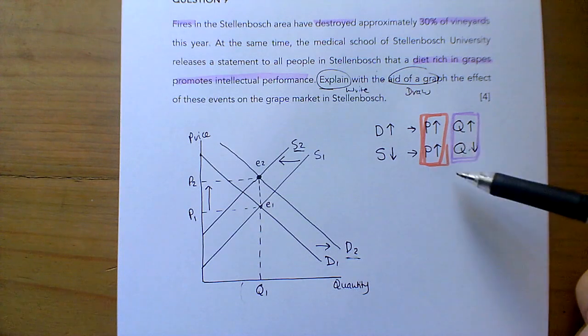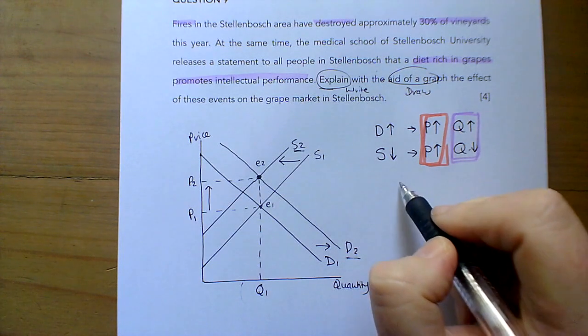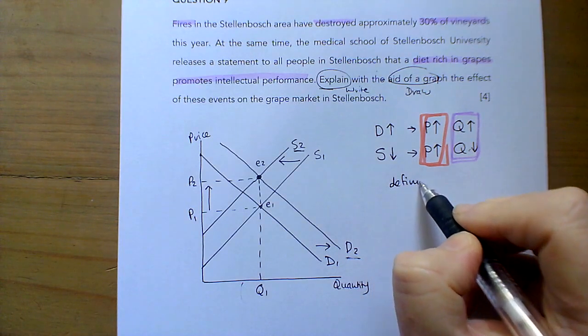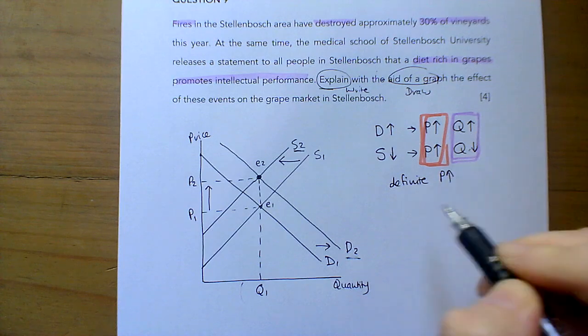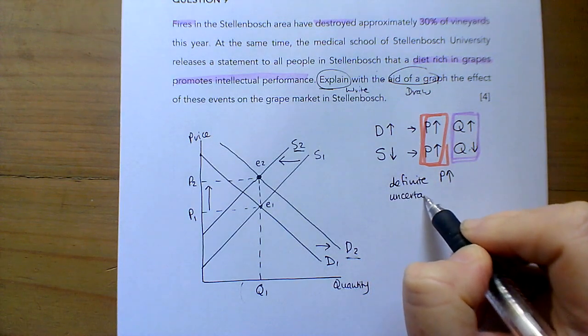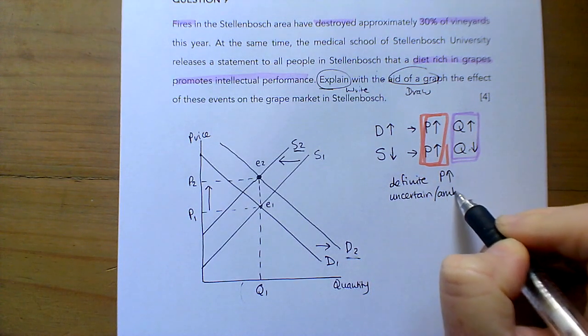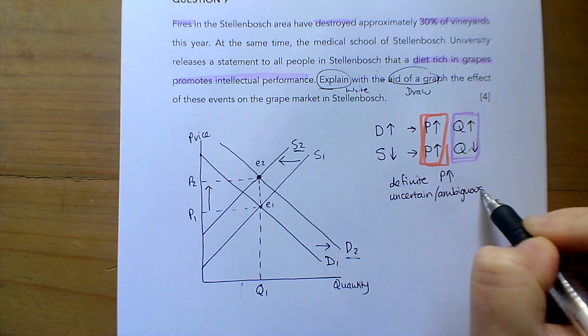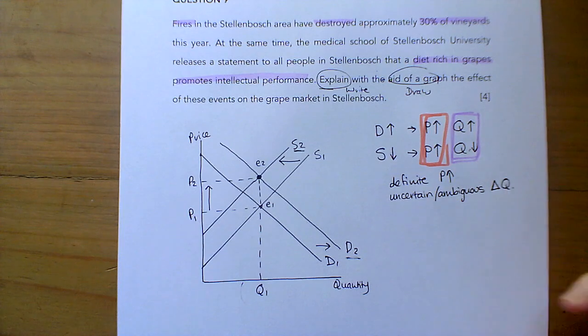So when these two things are happening simultaneously, we would say that there is a definite price increase, but an uncertain or ambiguous change in quantity. We can't say whether it would go up or down because it really depends on the magnitude of these effects.